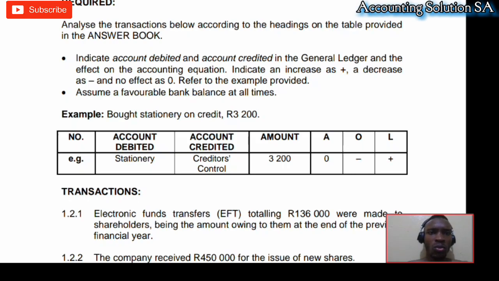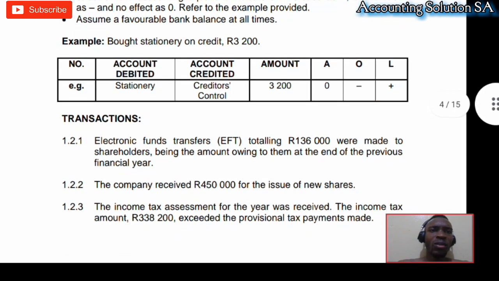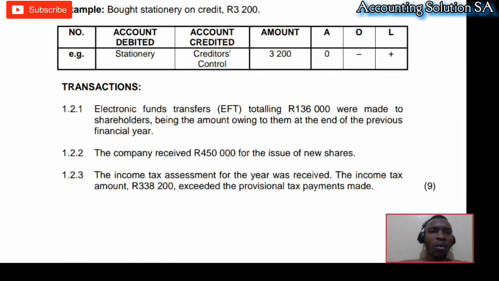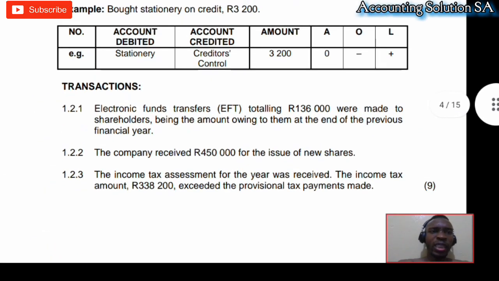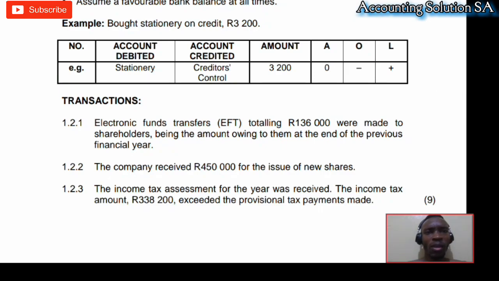They required us to do accounting equation. Then they give us an example, then they give us transactions number 1, 2, and 3 only. So these 3 transactions have 9 marks. What you have to know about accounting equation, guys, is that you must be able to pick at least 2 elements.